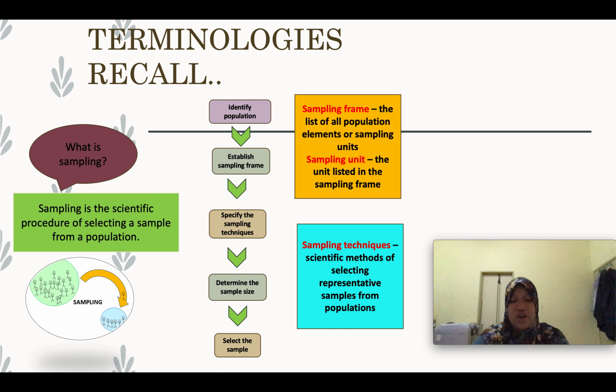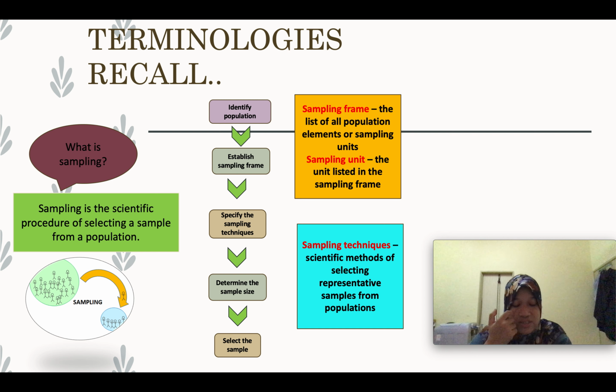Then you have to know what sampling technique you want to choose. If you still remember, we have two types of sampling technique: first, the probability technique, and the other one is the non-probability technique. Why is it important to choose the correct sampling technique? Since we just use a sample, we want the sample we select from the population to represent the population.